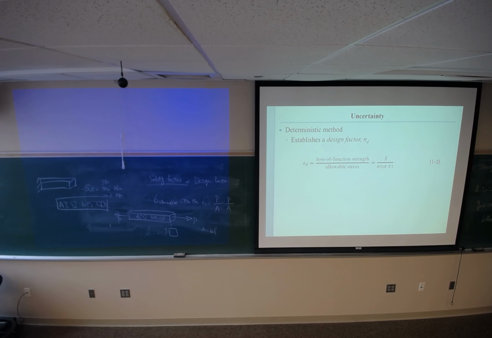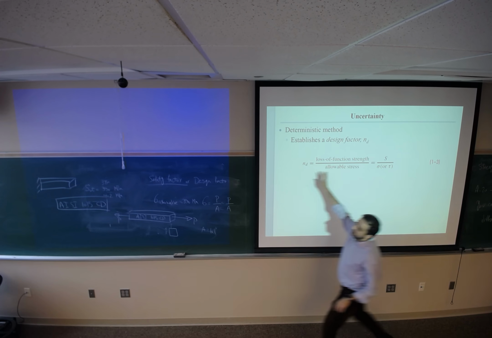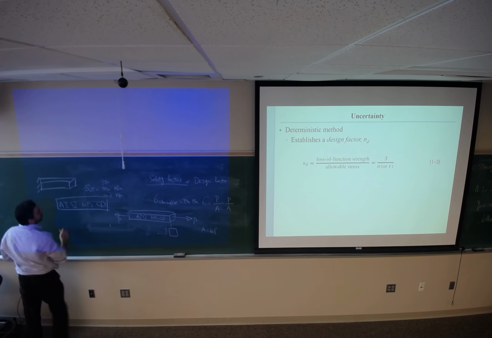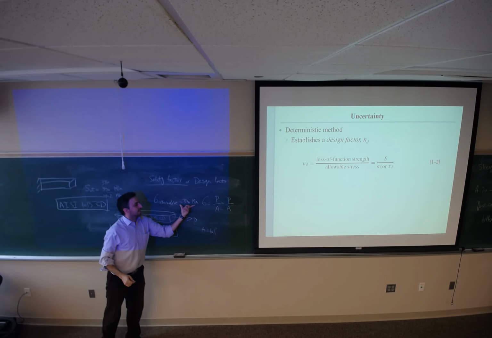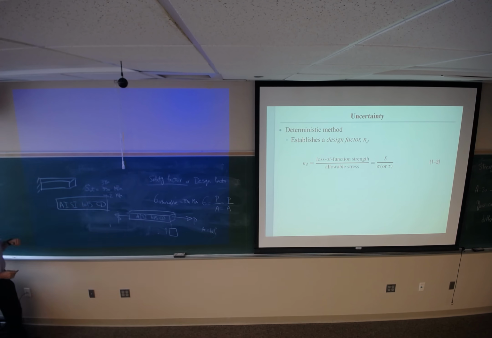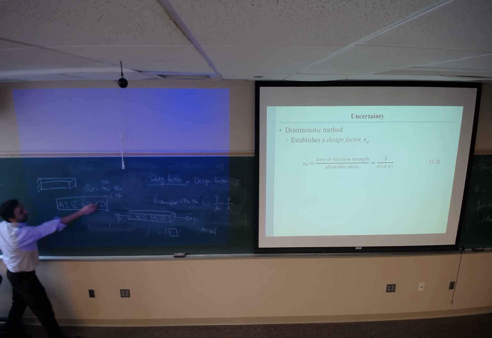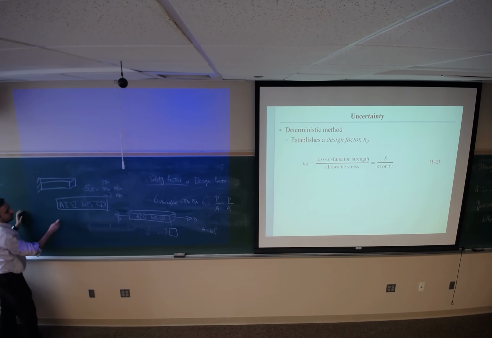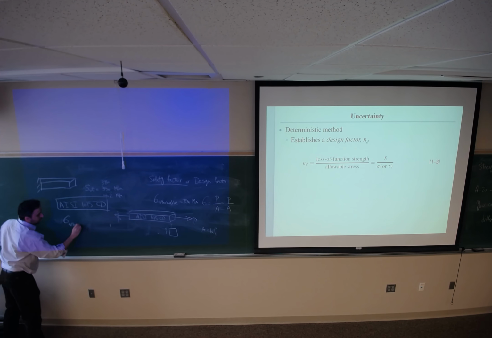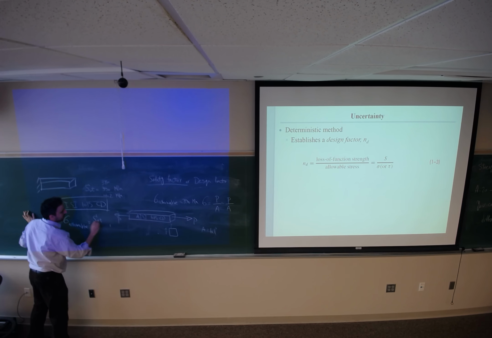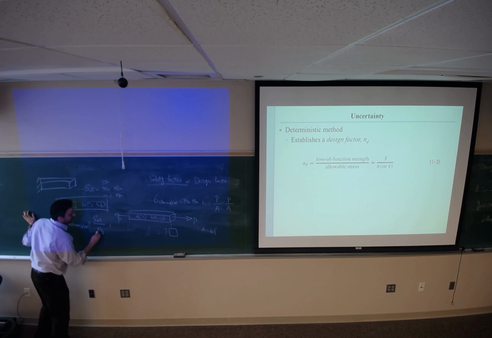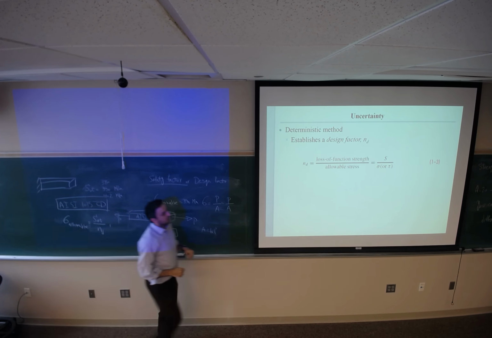But since we have some uncertainty in the problem, you cannot say that the maximum allowable stress is 390 megapascal. So you define a safety factor. You say due to the uncertainty, the maximum allowable stress is going to be S ultimate divided by the factor of safety or design factor, which is greater than 1.